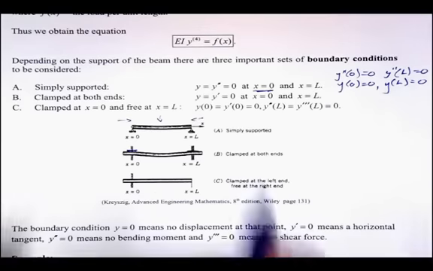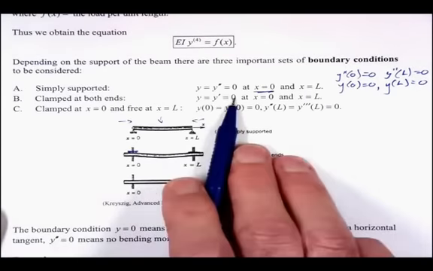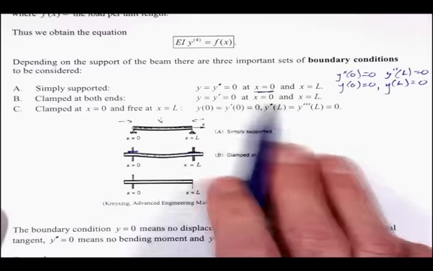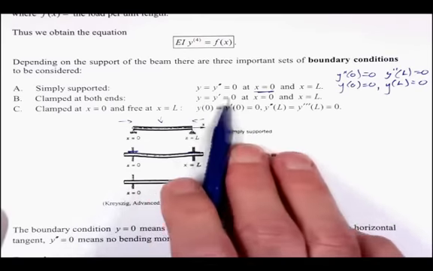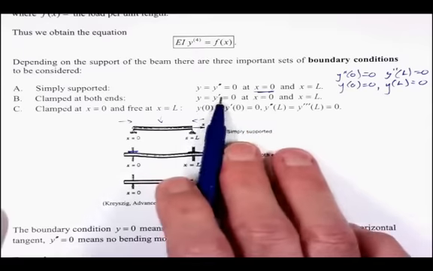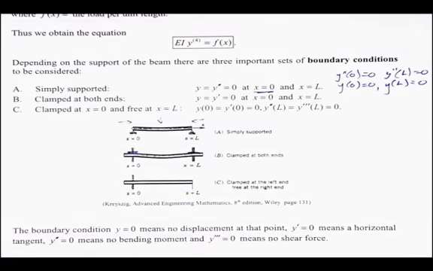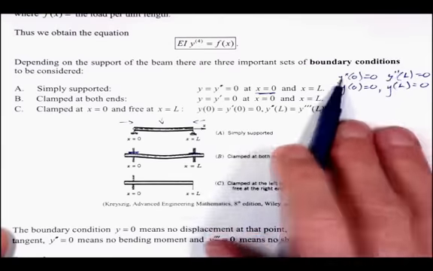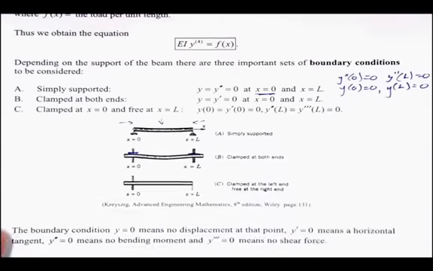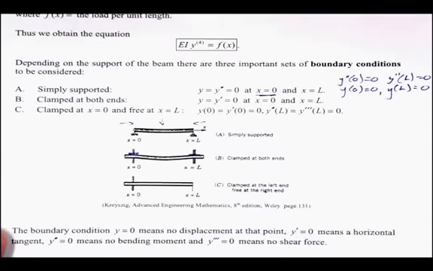So when x is equal to 0 and when x is equal to L, the height is being kept at 0. But now instead of the concavity staying at 0, clamping it means the slope of the beam stays at 0. So once again, instead of the double dash there, it would be a single dash in each of those cases. But it would still be 4 pieces of information that will allow us to calculate the 4 arbitrary constants.